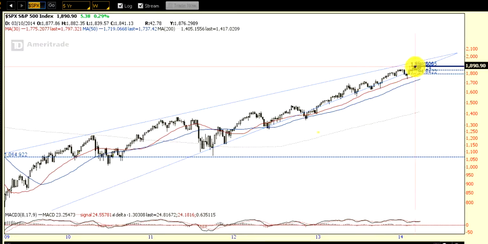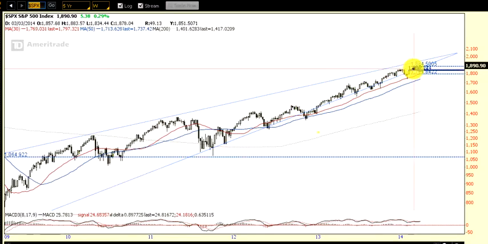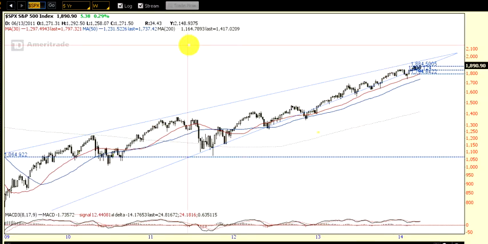The way these correct themselves, a rising wedge corrects itself to the downside, I think roughly two-thirds of the time. Two-thirds of the time, this will result in a move lower.